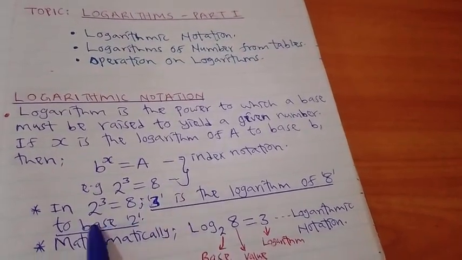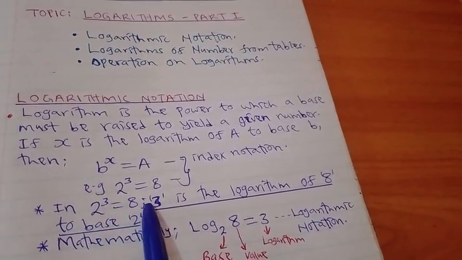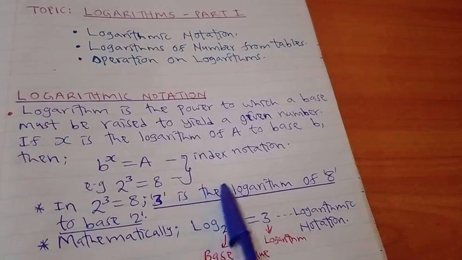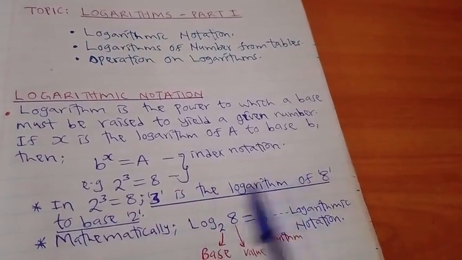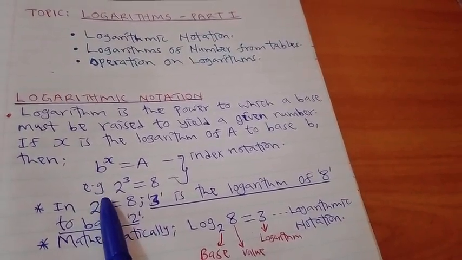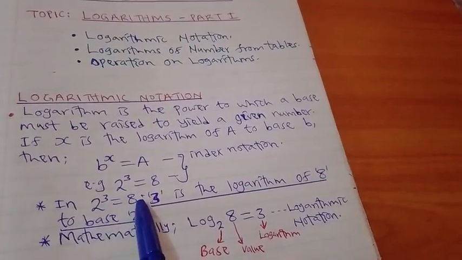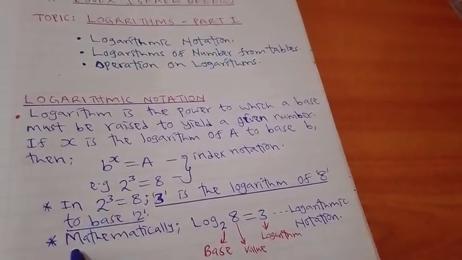Now, in logarithm form, 2 cubed equals 8, so 3 is the logarithm of 8 to base 2. That power, that index, is known as the logarithm of 8 to base 2.